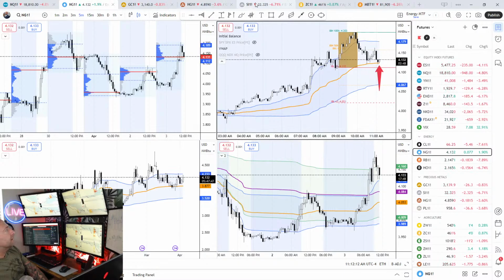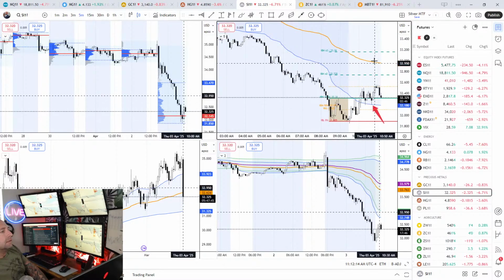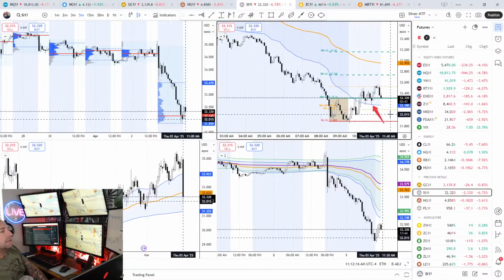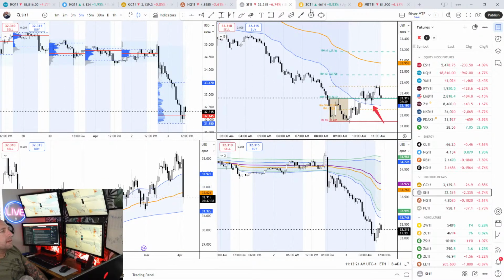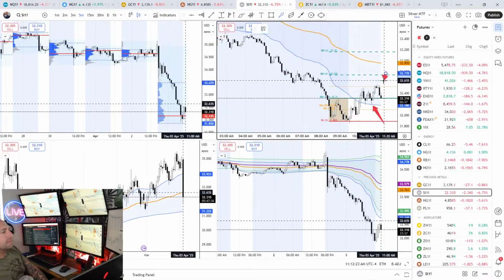Same thing on silver. Right up to IB 50% extension. Nice move.